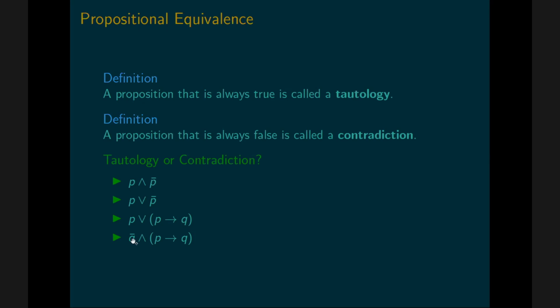If Q is false, not Q is true. But in that case, for this to be true, it depends on P. So we don't know. That already means it's neither of the two. Okay.